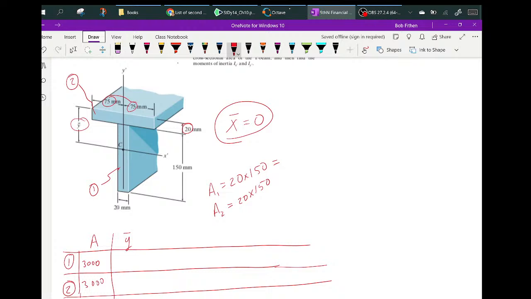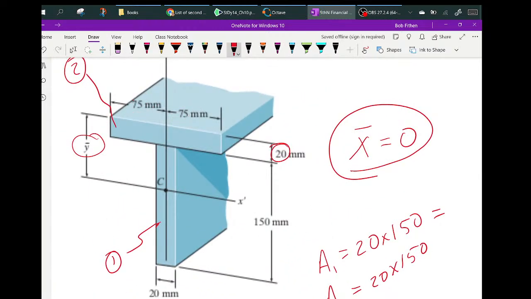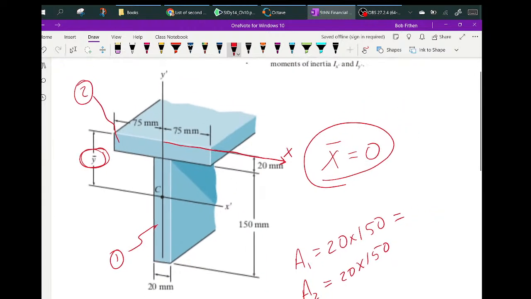Where is y bar? Okay. Now, what we have to realize is where is my x? He is identifying, let's take a real close look here, this distance. So I believe what he has determined, this is the case.